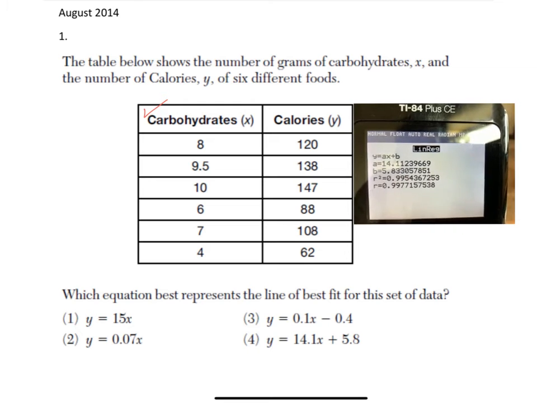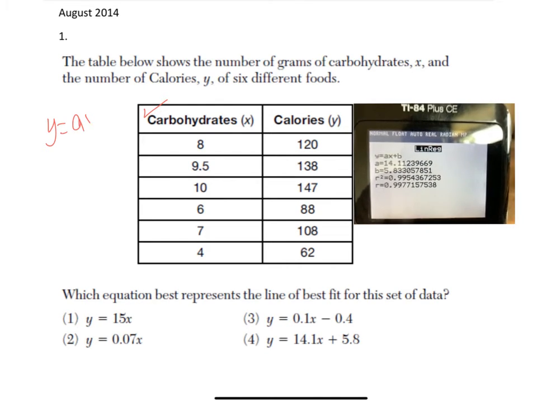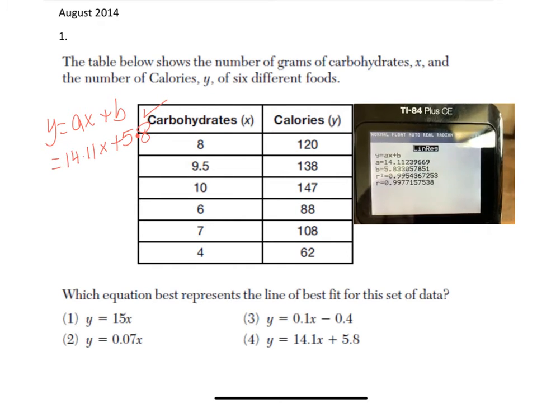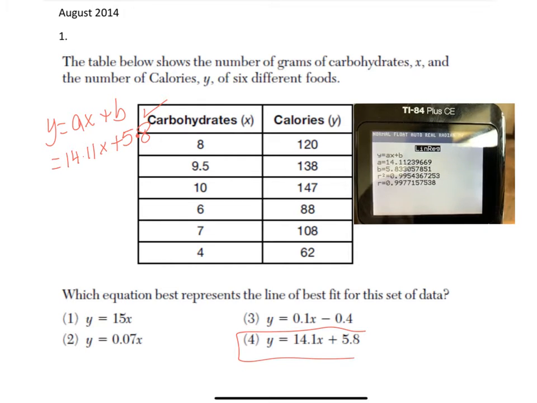Now there's only one option. Look at your options: we want to see an equation of this sort, y equals 14.11x plus 5.8. So there's just one option, answer choice 4.